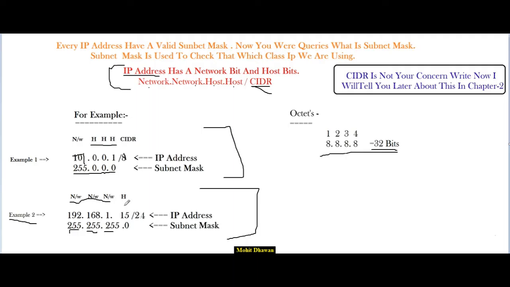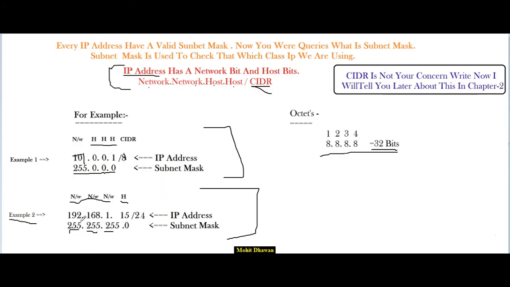It means this 15 is a host bit, so it is empty. That way, the octets which are empty, we name them host bits, correct guys.